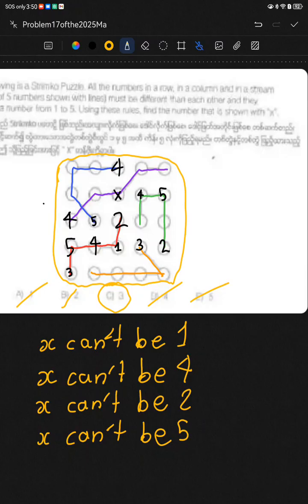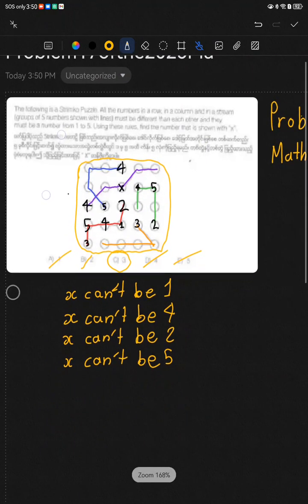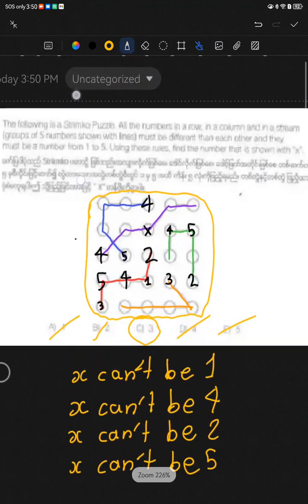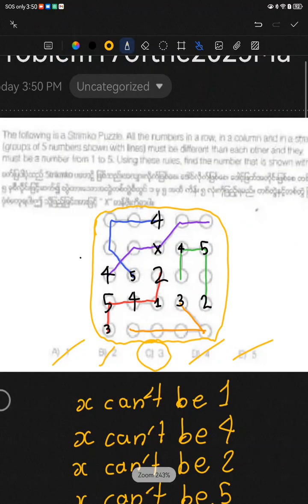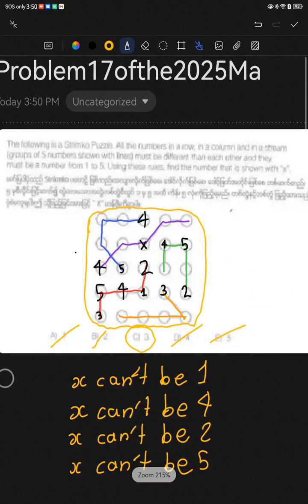What I mean by that is putting in every single dot a number from 1 to 5 using the 3 rules I mentioned before. Pause the video if you want to accept the challenge.